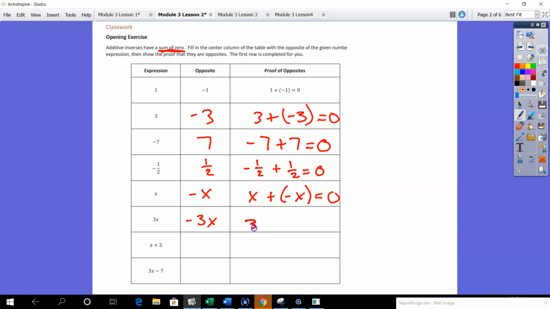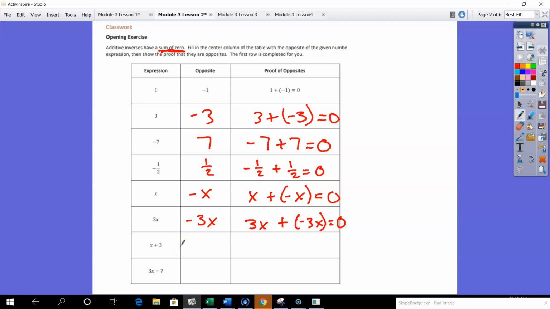So if I have 3x plus -3x, it is going to equal 0. So 3 times a number plus -3 times that number, well, one is going to give me a positive number, the other is going to give me a negative number, and they're going to be the same number because they are both x. So it equals 0.